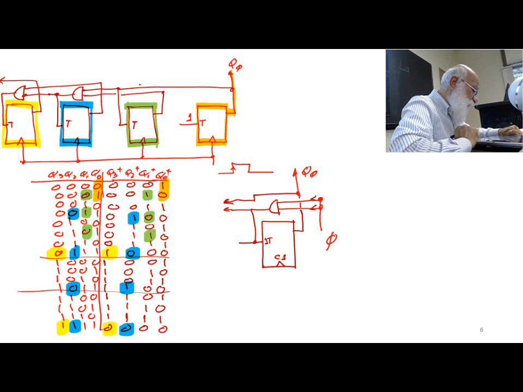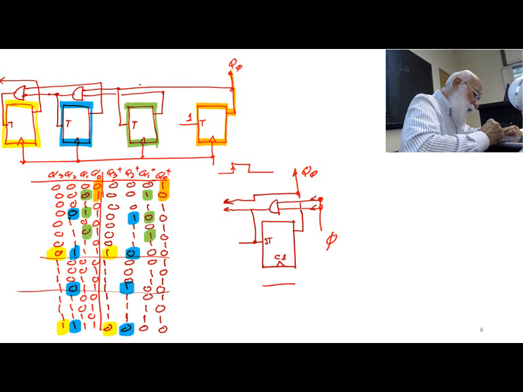The other thing I have is the very rightmost flip-flop has an output and an AND gate. Okay? And if I take the final output, now this is the Q0.